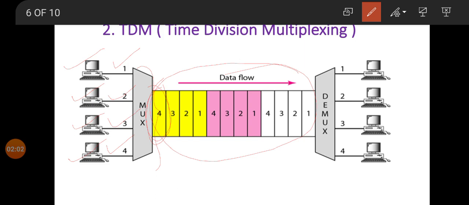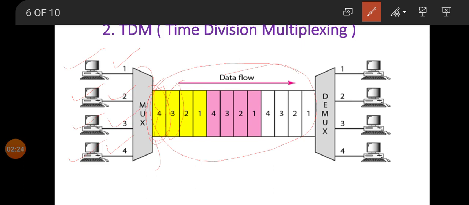Then maybe 11 to 12, the channel is provided to system 3 to transmit its data. Clear? Like that, 11 to 12 it will transmit its data, and at 12 it will relieve the channel.